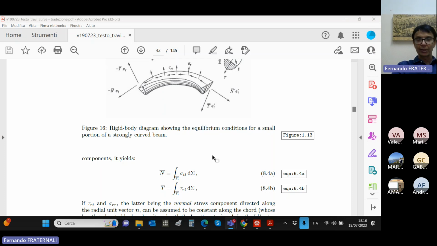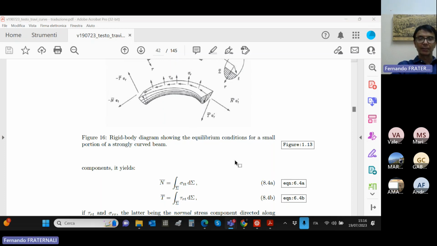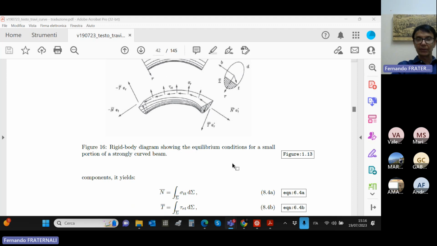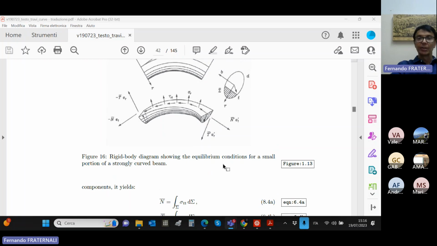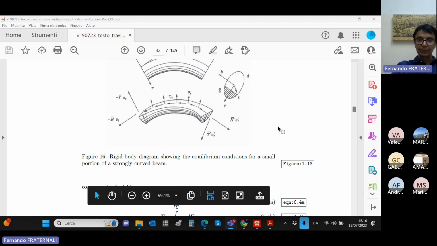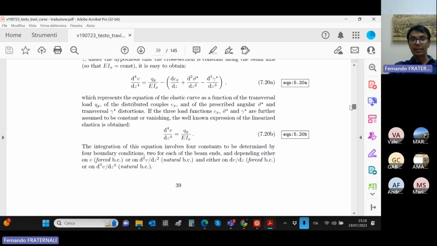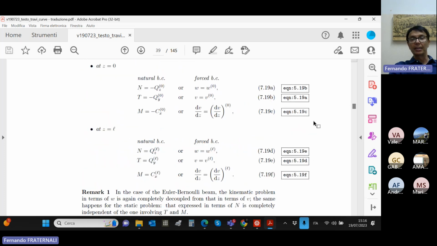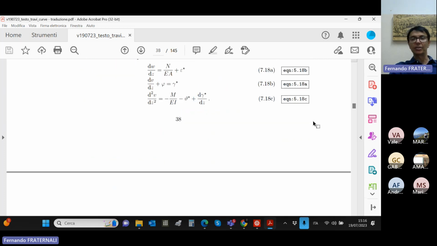So with a curvature that is not particularly large, one can assume at the basis of the theory the constitutive equation of the straight beam, the constitutive equation for beams without curvature. And this is an approximation that can be made in most cases of interest.